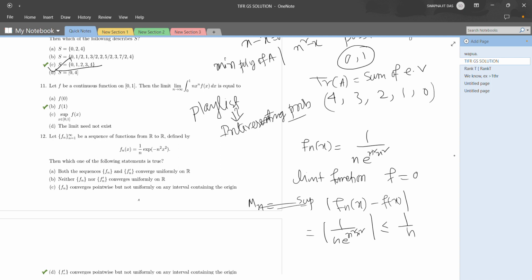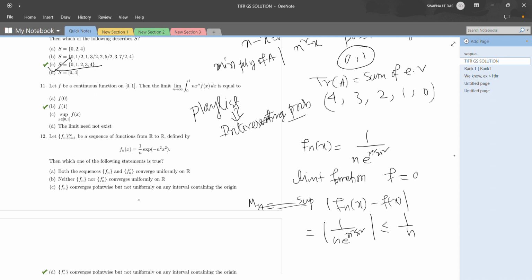So for any given epsilon greater than 0, choose n such that 1 by n is less than epsilon, then mod fn(x) minus f(x) is less than epsilon for all n and for all x. That's why it is uniformly convergent.